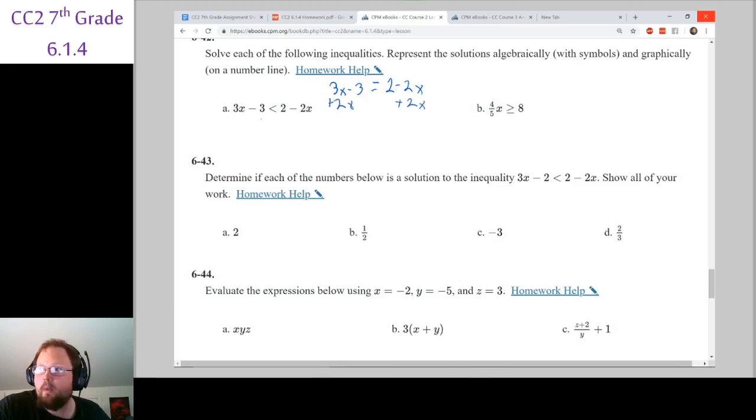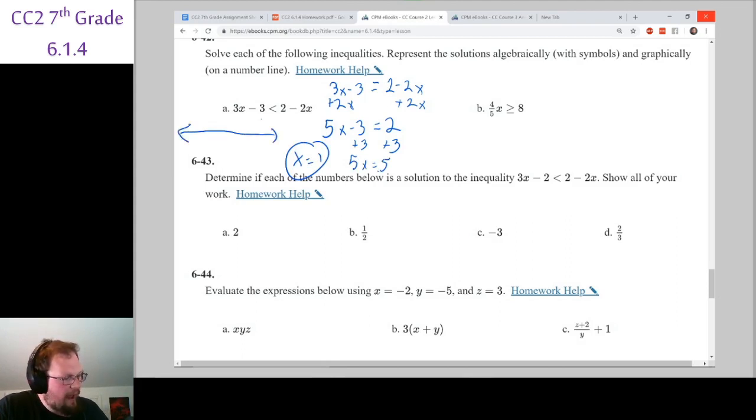I determine that I want the x's on the left, so I have 5x minus 3 is equal to 2, pardon me. And then I say, well, I need to add 3 to both sides. So I have 5x equals 5, or in other words, x is equal to 1 because 5 times a number is 5. That means that on my number line, at 1 is where I start the inequality.